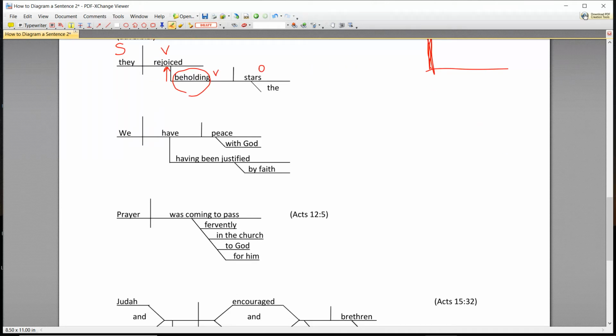Okay. We, having been justified by faith, have peace with God. Okay. I think there is a problem here. Let me explain what I'm thinking. We having been justified. Having been justified.